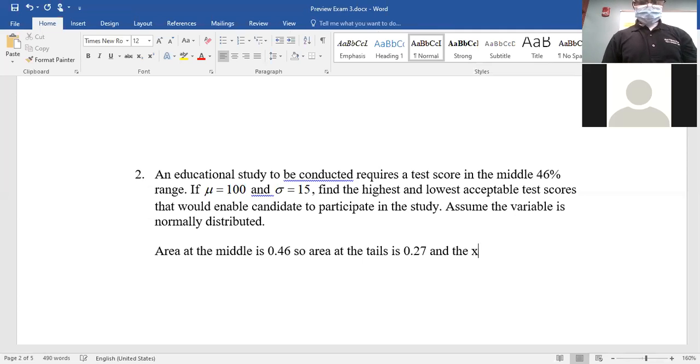And the z value, so that the area between minus z and z is 0.46, is z equals 0.62.